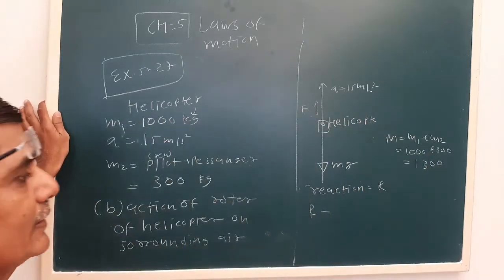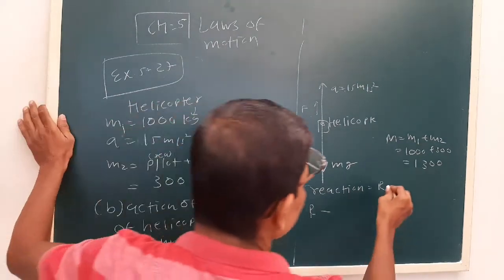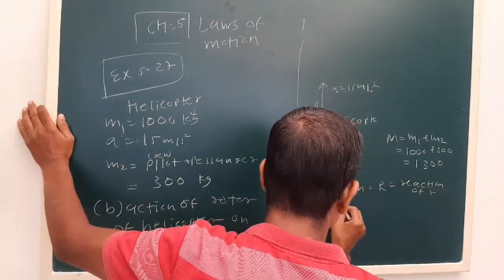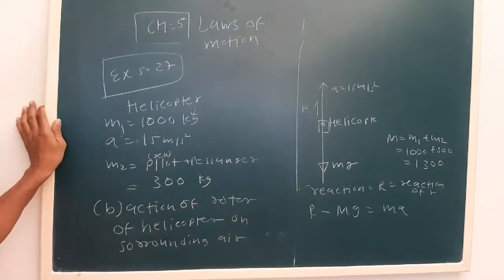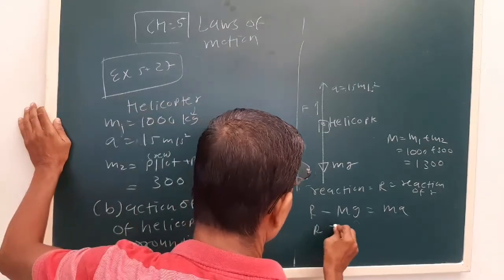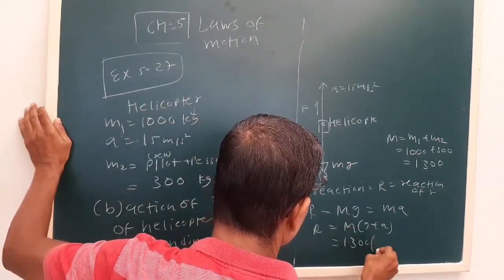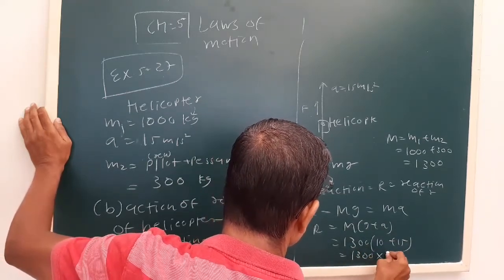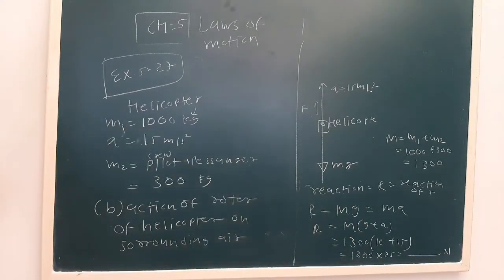Okay, so here see the reaction of the rotor we consider as R. R minus mg is equal to ma. So reaction R = m(g + a), m is 1300, g is 10. Okay, so this is how we can calculate the second part.